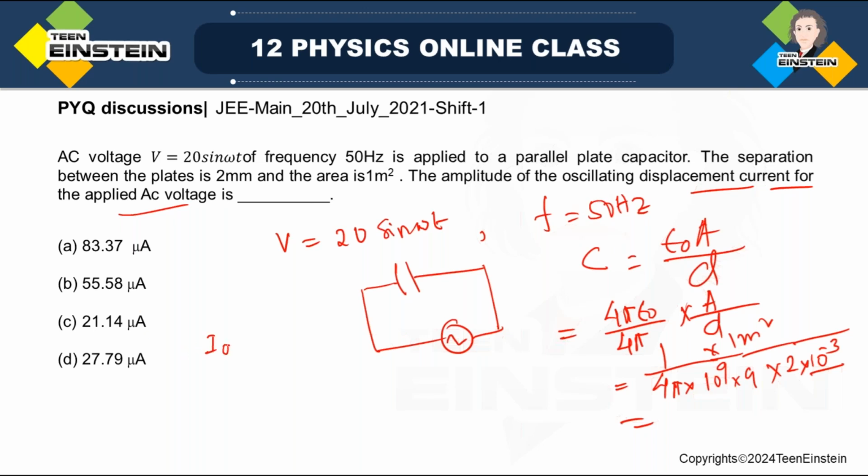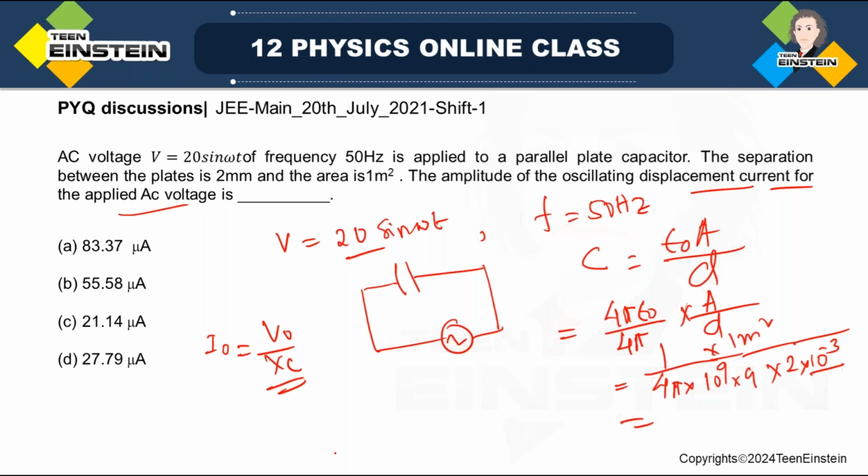So conduction current maximum, right? So maximum is amplitude of the conduction current. So that will be V0 by XC. Okay, V0 is given here 20, right? Then you have to find out XC. Once you get C, we can find out easily the XC.